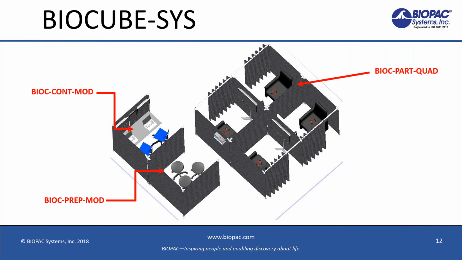And basically the participants are prepped in the preparation module, and then they're walked around to their individual cubicles where they take part in the study. There's an intercom system, so the person in the control room can communicate with each of the participants individually without interfering with the different sessions that are running.